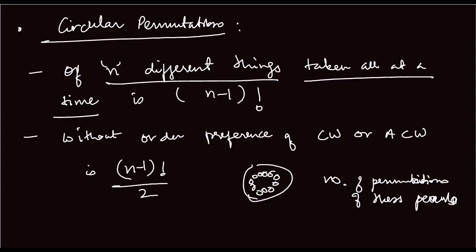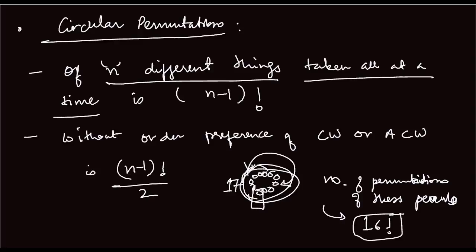We are taking all of them at a time. Let's say we have 17, so the number of permutations will be 16 factorial. Because we keep one of them fixed and we move the other n minus 1 pearls, and we see the number of different permutations.